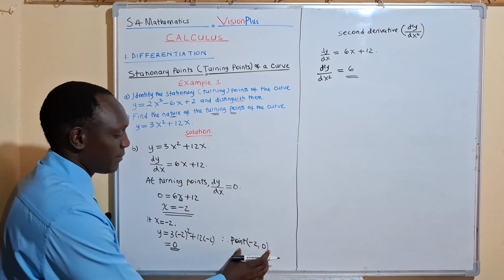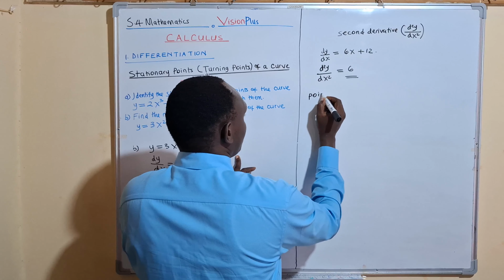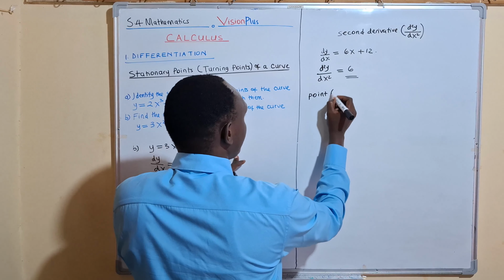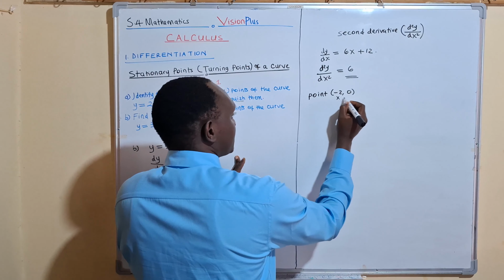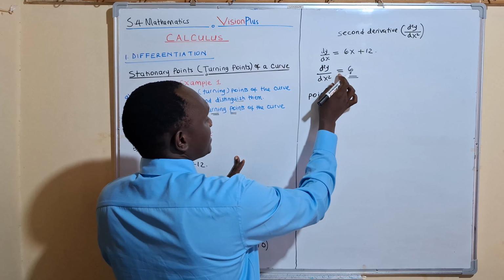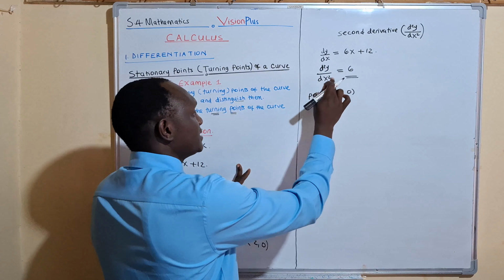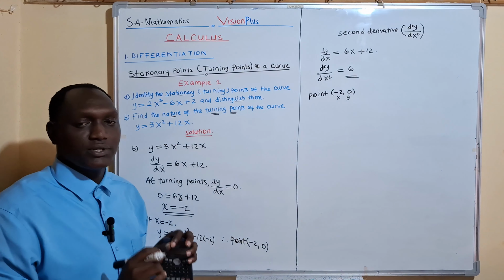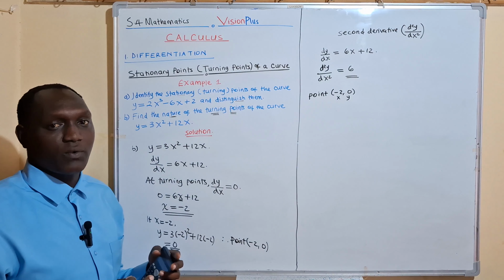Now, after getting the second derivative, then we come and test. Okay? We use this point to test, whether it is (negative 2, 0). Remember, this is x, this is y. So, we shall substitute for x in the second derivative. But what do you notice? We notice that here the second derivative is independent of x or even y.